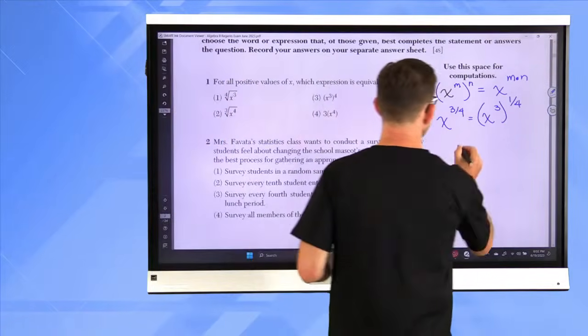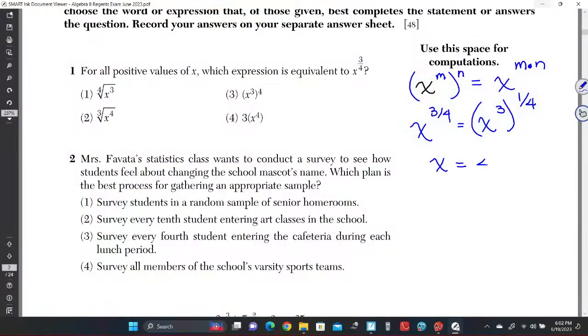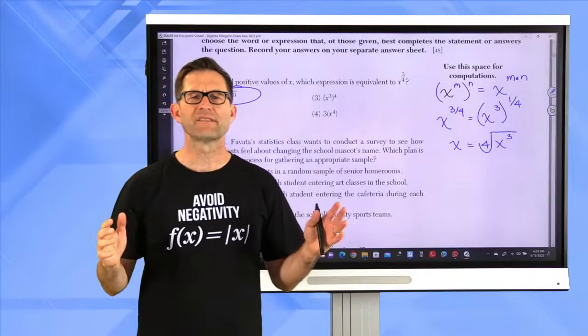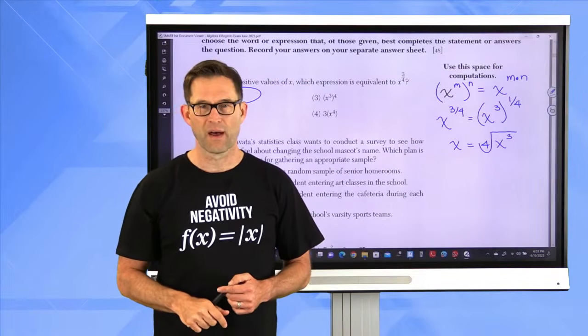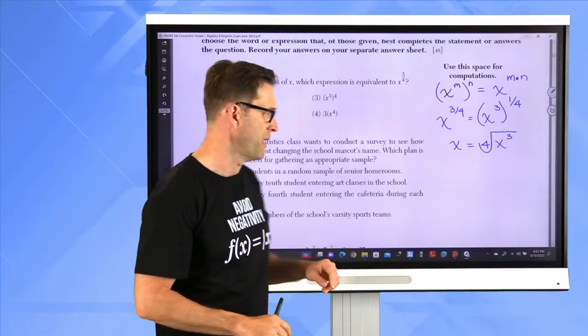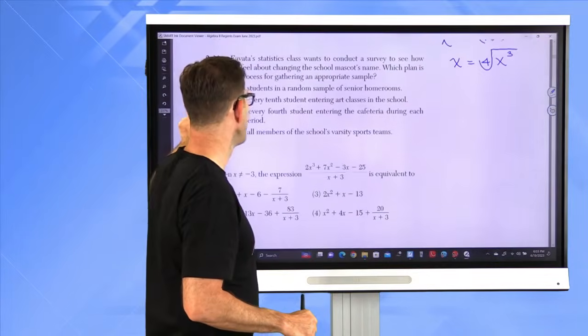And therefore, x to the 3/4 is the same as the 4th root of x cubed. And that's choice 1. A nice standard question. If you were paying attention during fractional exponents in Algebra 2, this one was probably a gimme. Let's take a look at question number 2.